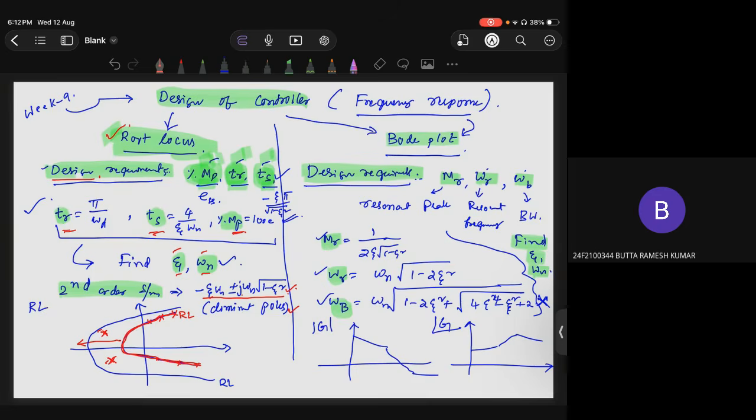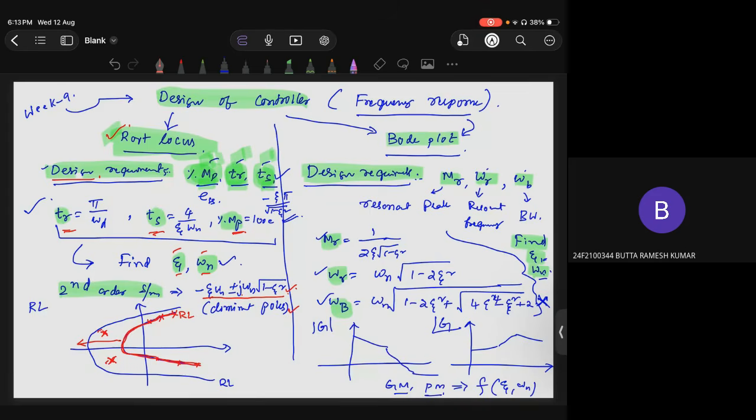Now we will check the gain margin and phase margin. They will be functions of this zeta and omega n.